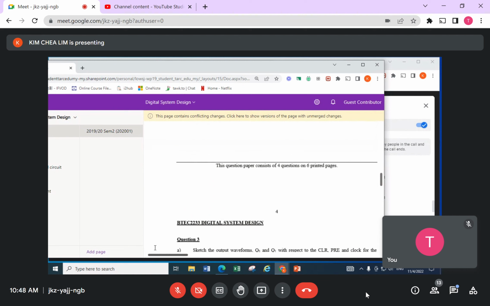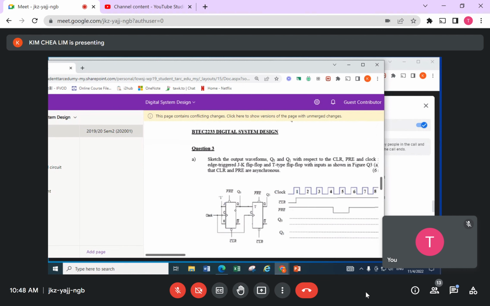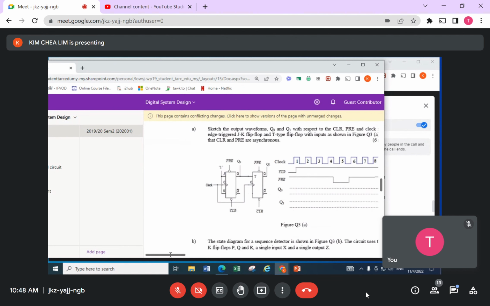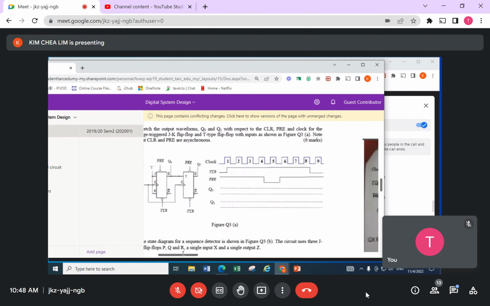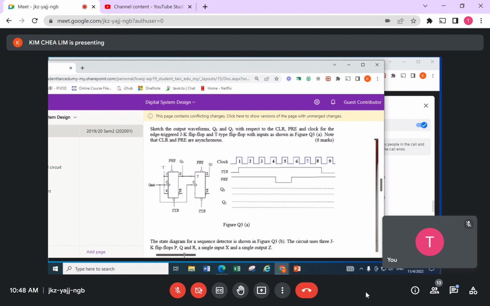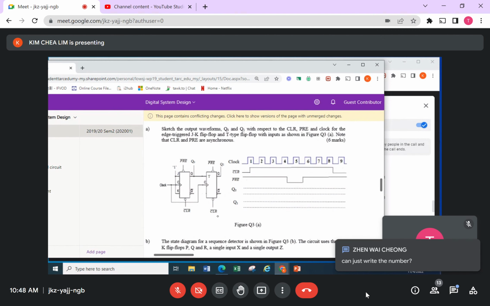Anyone, anything to ask? Third question, waveform. Waveform is a short part that I'm going to set. So there's no need to read.